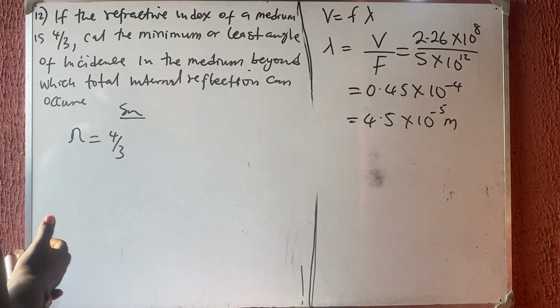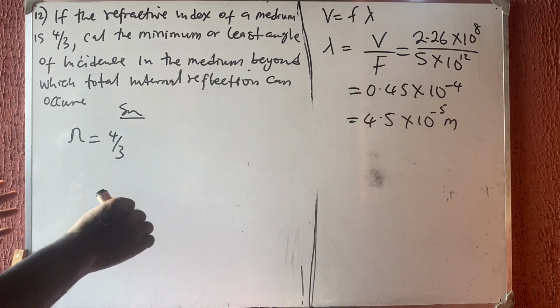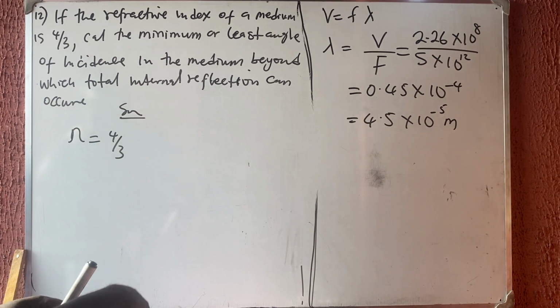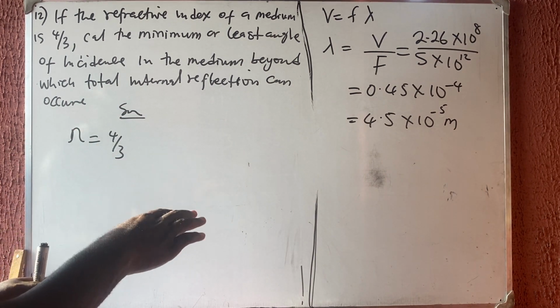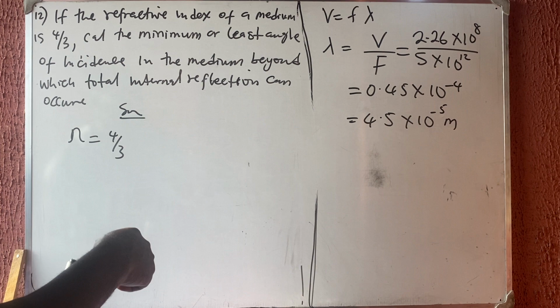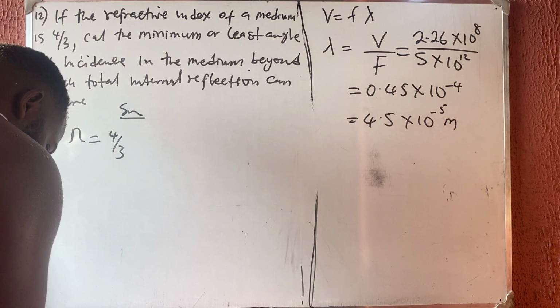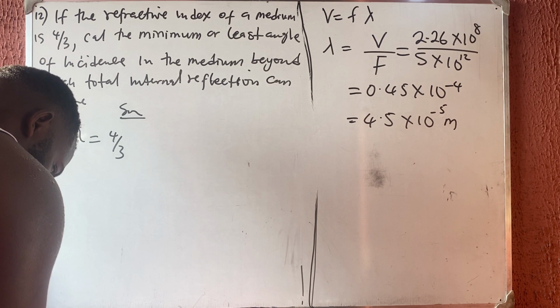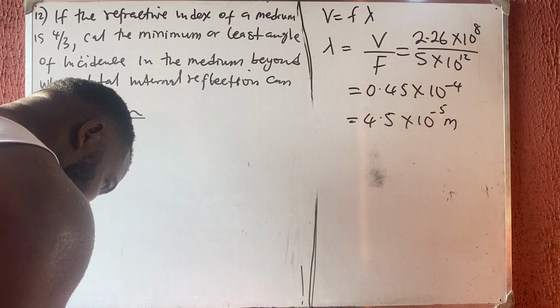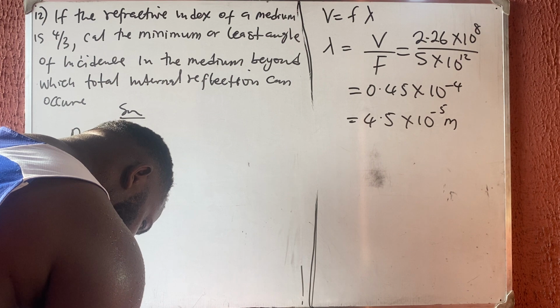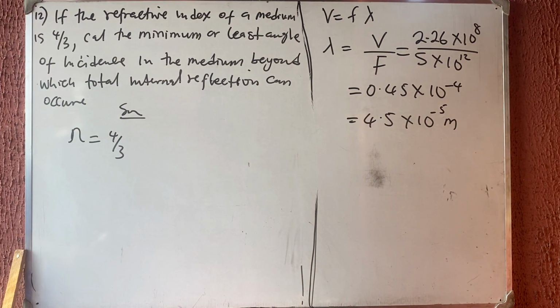Whenever you hear total internal reflection, you are looking for the angle they call C. In the other video I taught you, they call it C. And that C, what do we call it? Think critical angle. Yes, we call it critical angle.